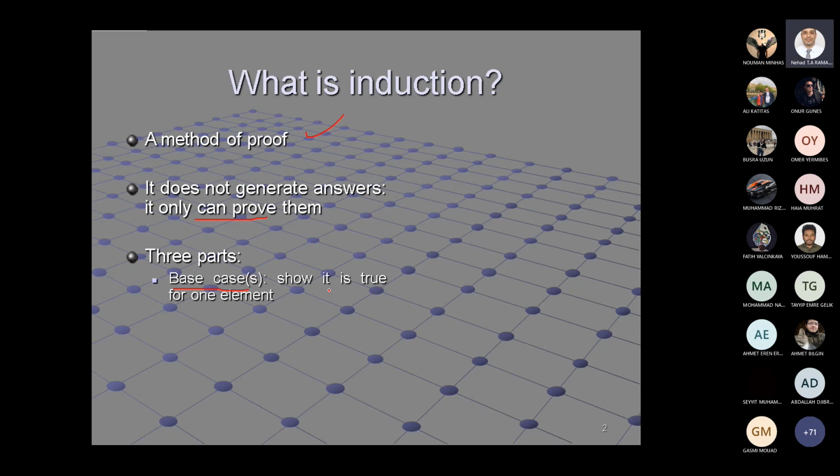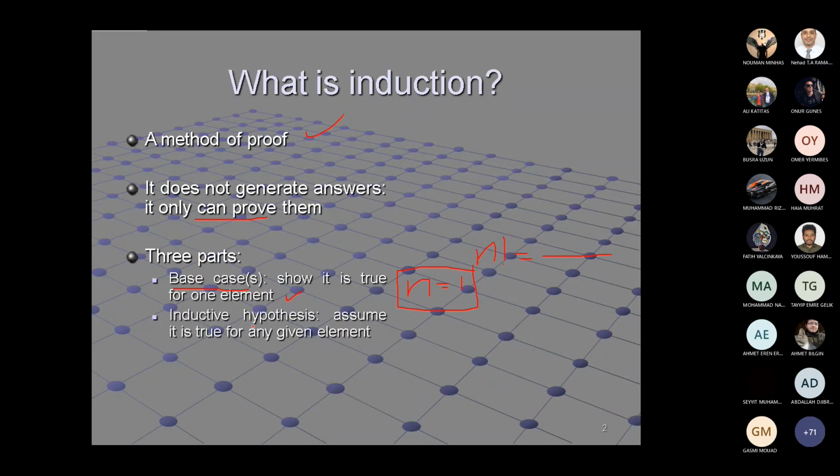For example, if we have an equation with a number n, for example n factorial equals something, to prove it, we first take the case n equal 1. We call this the base case. So the simplest case, we take it and prove that it's correct.